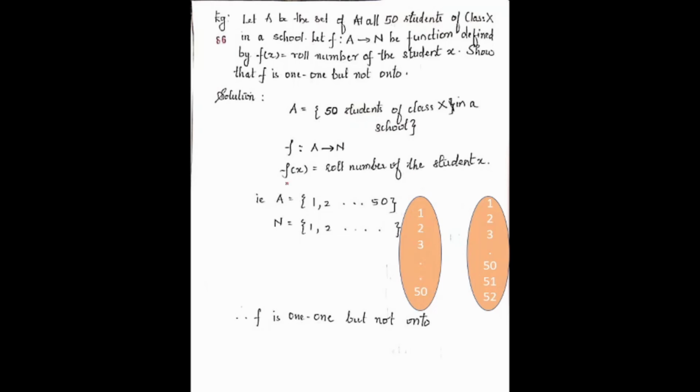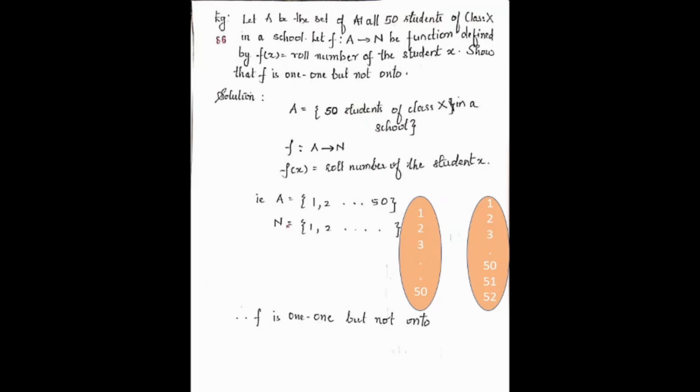Clear? So A is in roster form 1, 2, ... 50. And N, that is the natural numbers 1, 2, 3, ... infinity, right? Okay, so I formed the set.